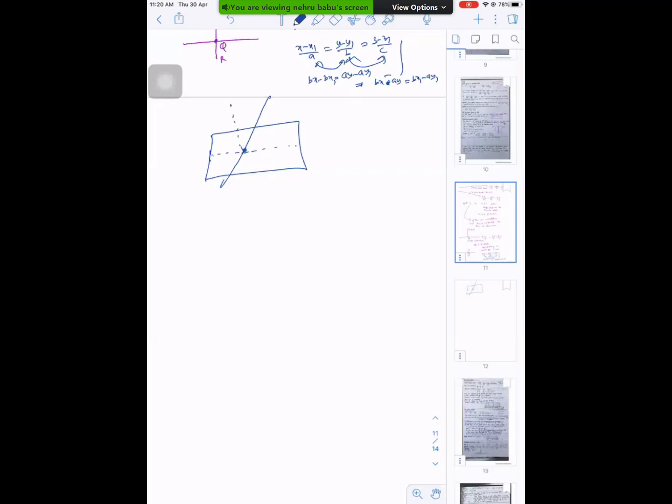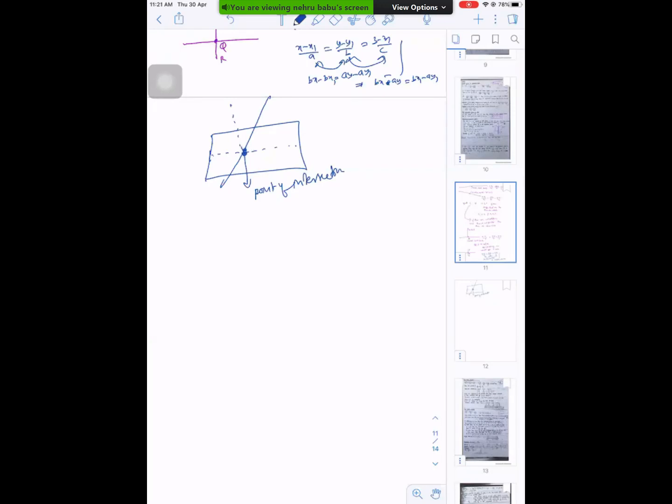Like three possibilities. First case, how to find the point of intersection? Take the general point and substitute in the plane. If they are giving the line in symmetric form, take the general point and substitute in the plane, you will get the t value. So with the help of that, you will get the point of intersection.